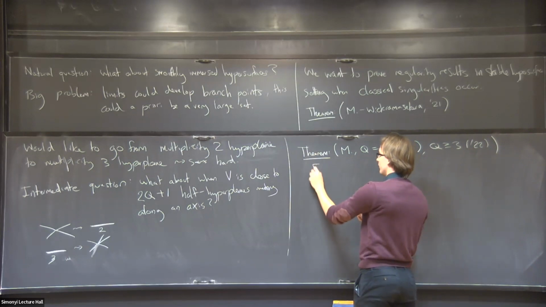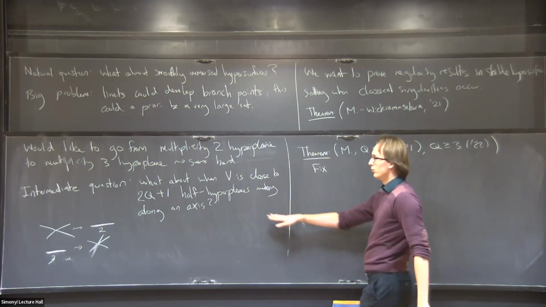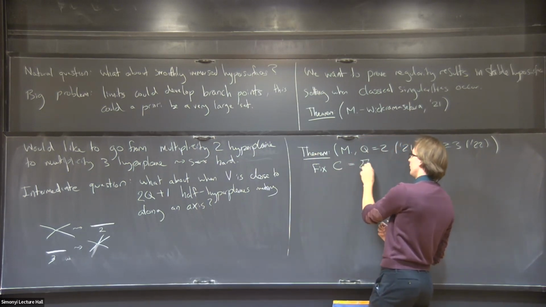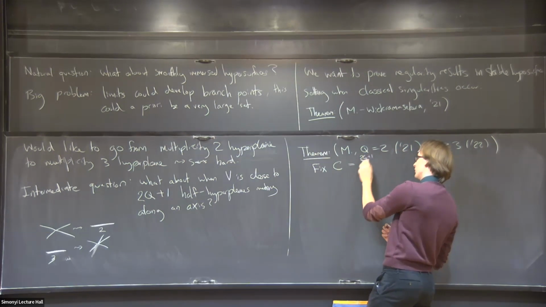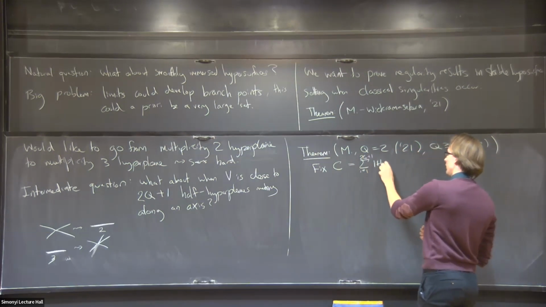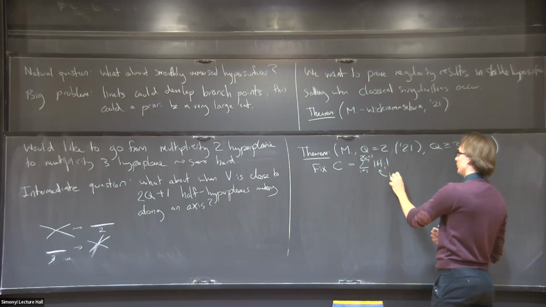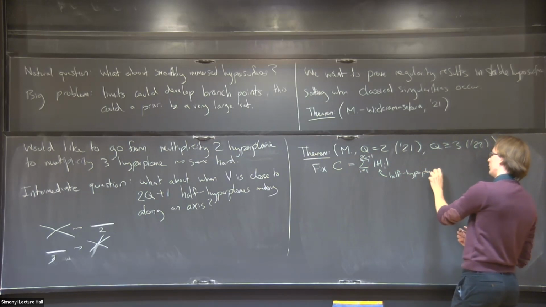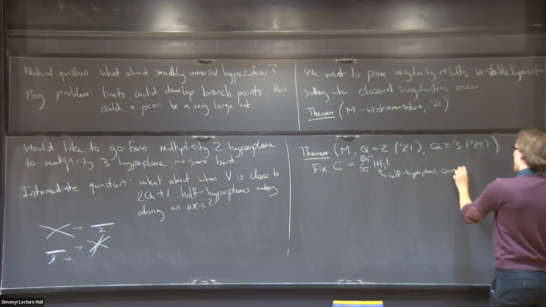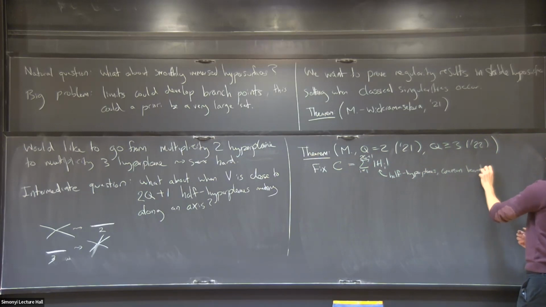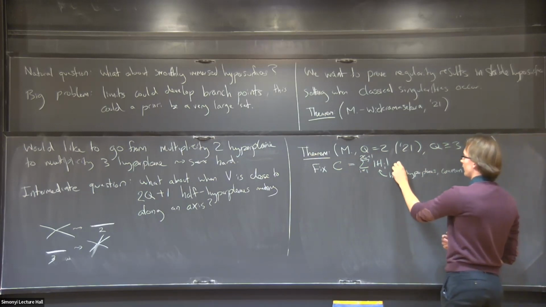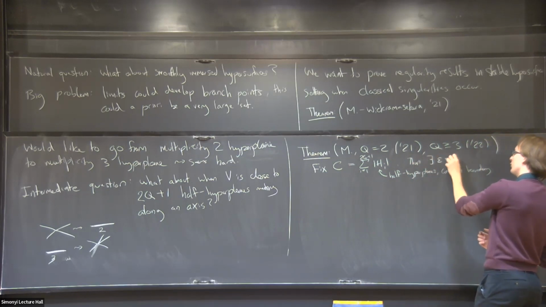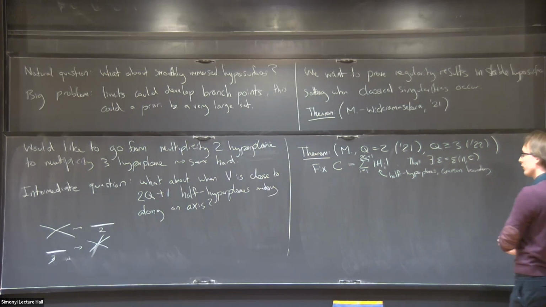So if you fix such a cone, so fix a C, which is a sum of 2q plus 1 half hyperplanes with a common boundary, then there is an epsilon, which only depends on the dimension of this cone.